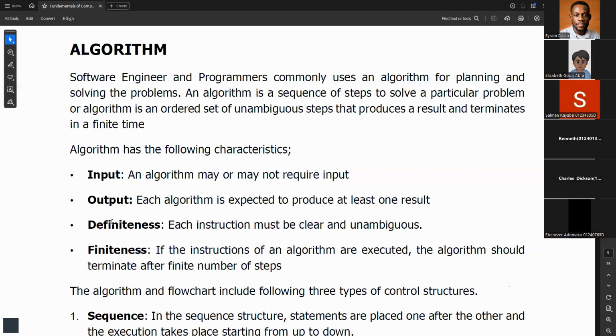Your steps should not be infinite. So basically, those are the characteristics of an algorithm.